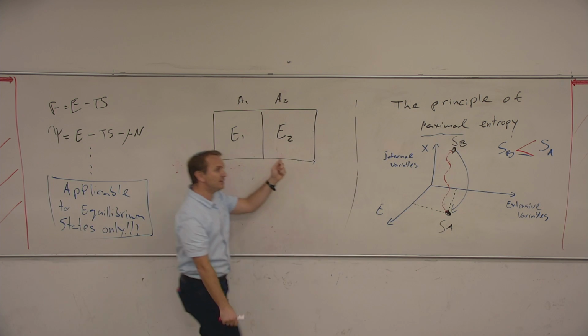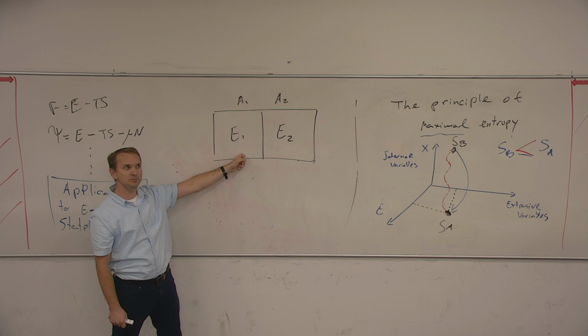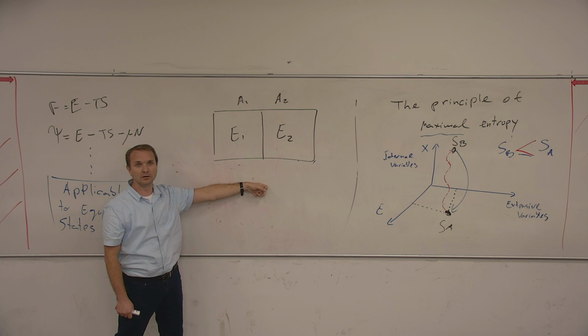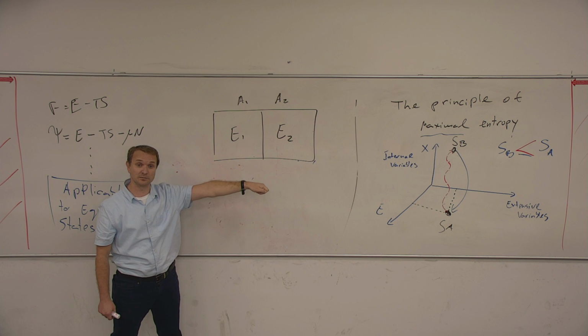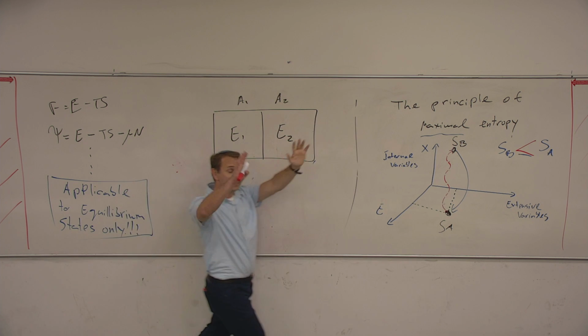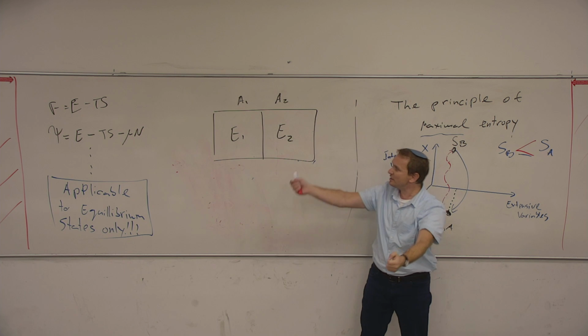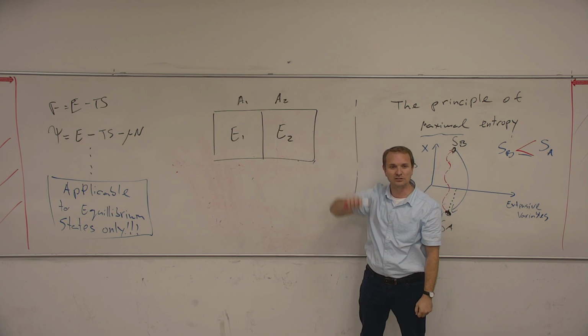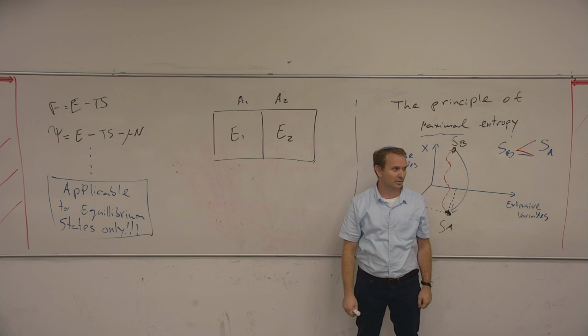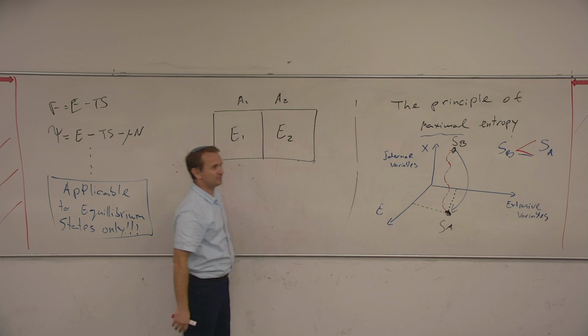So anything that I do internally to the system should reduce entropy, because I do something to the system. If I leave the system in equilibrium, the entropy is a maximum. Anything that I do to the system will decrease the entropy, or keep it equal if I do this adiabatically.